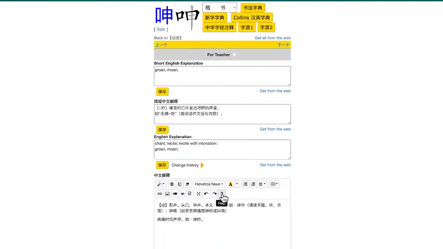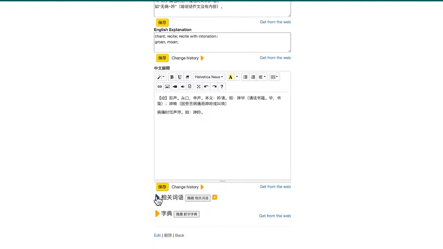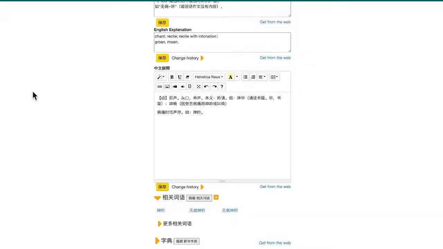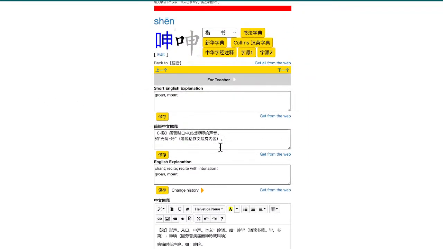Usually it's part of the word called 呻吟. Okay, 呻吟 means groan, moan. So 呻, yeah. So this is the sound that you make when you're in great suffering.